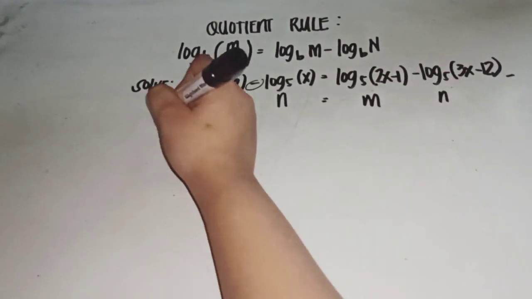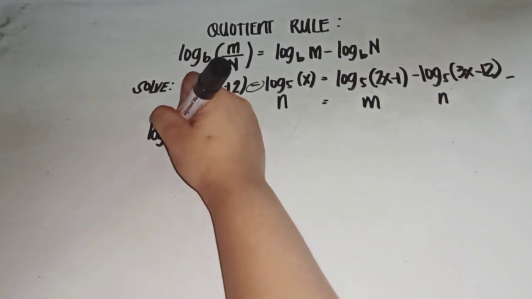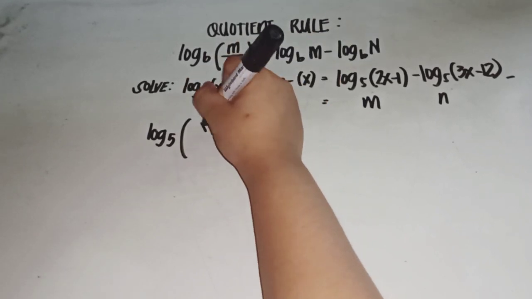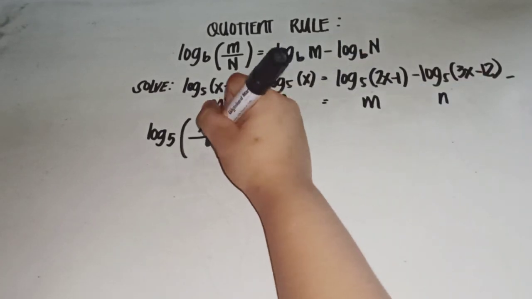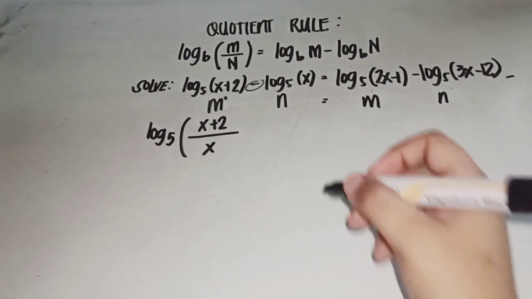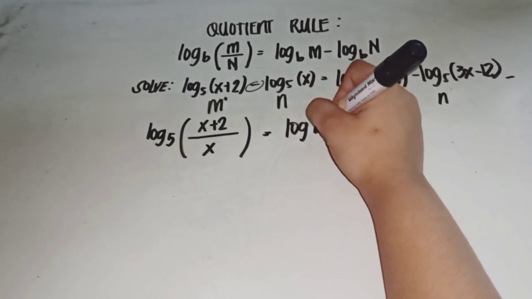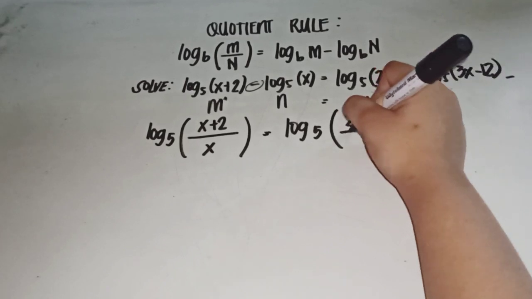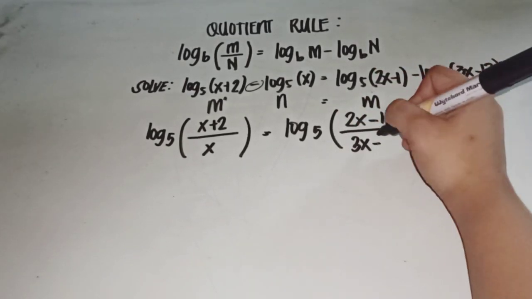Okay, so we write this as logarithm base 5 of (x plus 2) over x is equal to logarithm base 5 of (2x minus 1) over (3x minus 12).